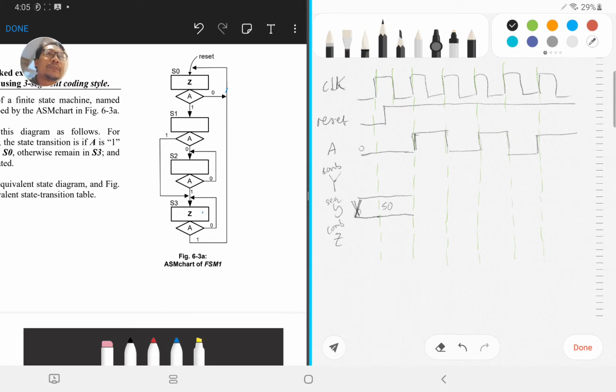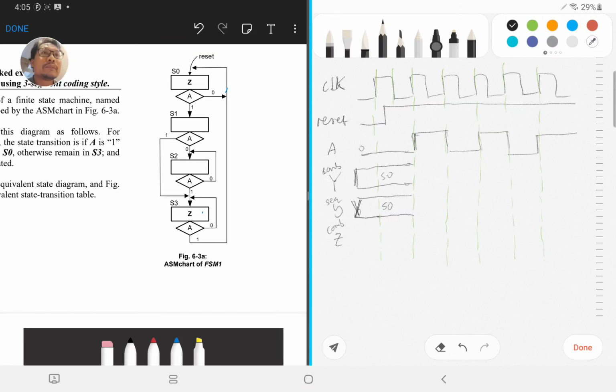Because Y is 2 bit, so 0 0, remember, we set as S0. So the big Y is going to follow the combinational of A and Y. So basically here is also going to be S0.